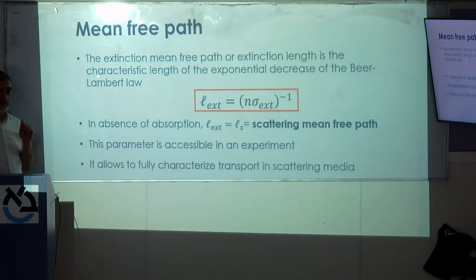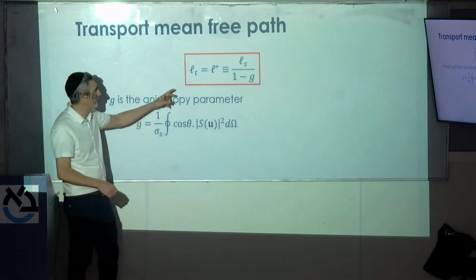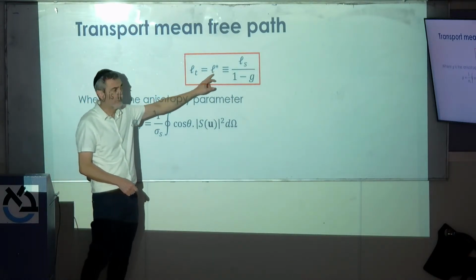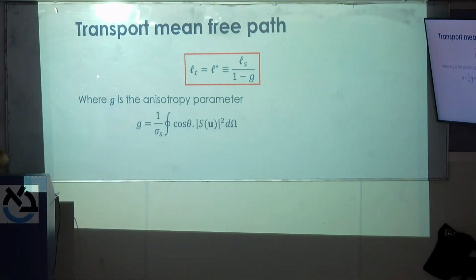I want to define one step further another quantity, which is called the transport mean free path. Usually we write it like LT or L star. And why do we need this new quantity? If you remember what we learned before, the scattering diagram from one scatterer can be strongly in the forward direction. So you may have strong scattering, but still in the forward direction.